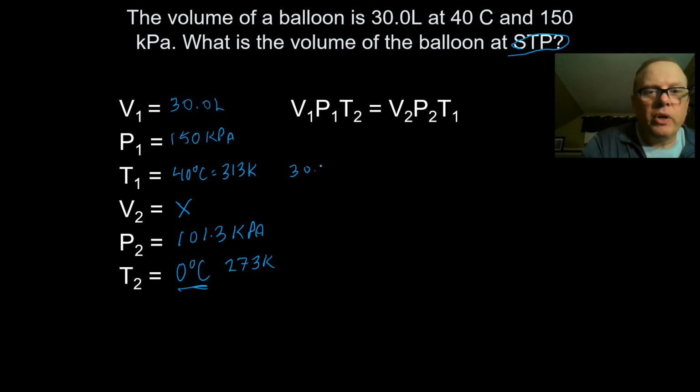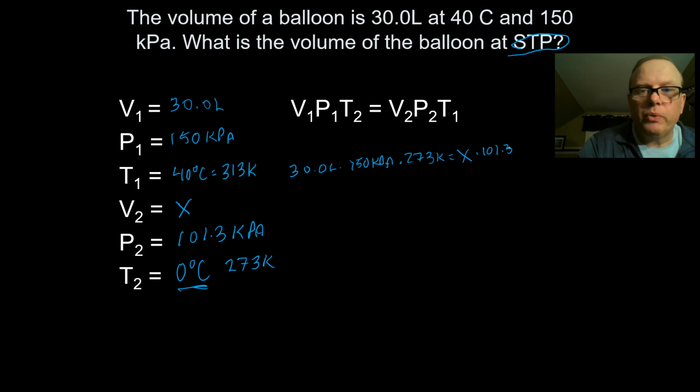All right, we put everything in here. We have our 30.0 liters times our pressure of 150 kPa times T2, which is 273 Kelvin, is equal to V2, which is the X, times P2, which is standard pressure, 101.3 kPa, times the initial temperature, T1, which is 313 Kelvin.